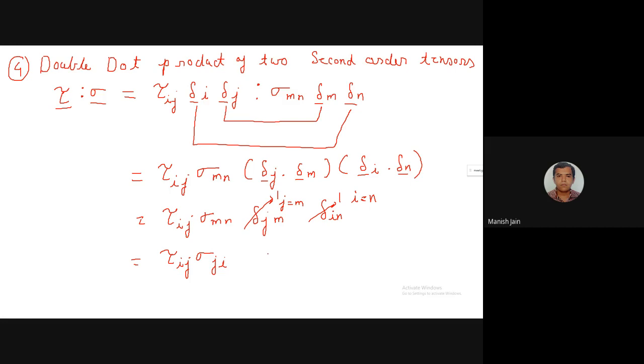There are no unit vectors remaining, so this is a scalar quantity. So the double dot product of two second order tensors is a scalar quantity.